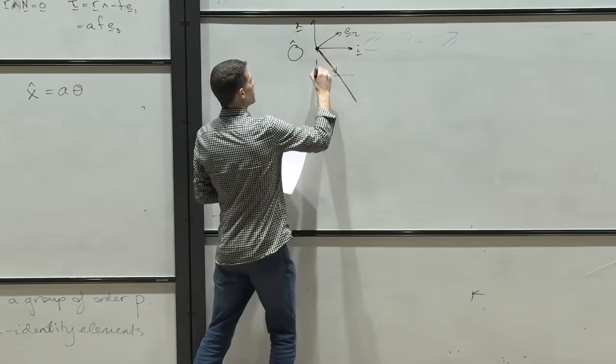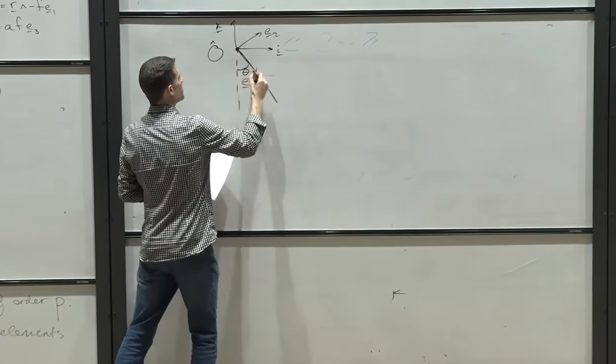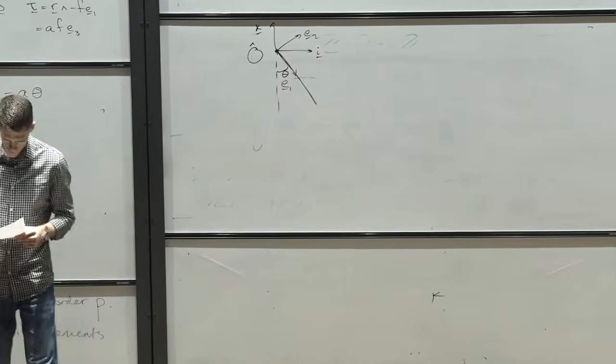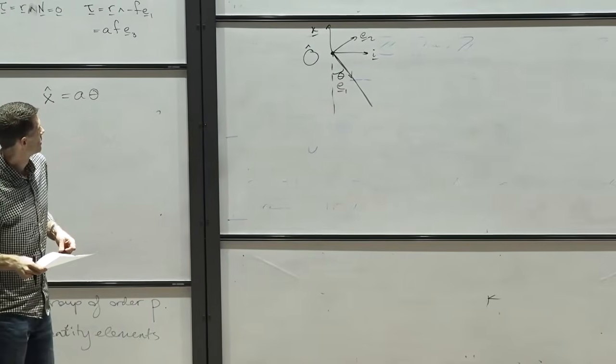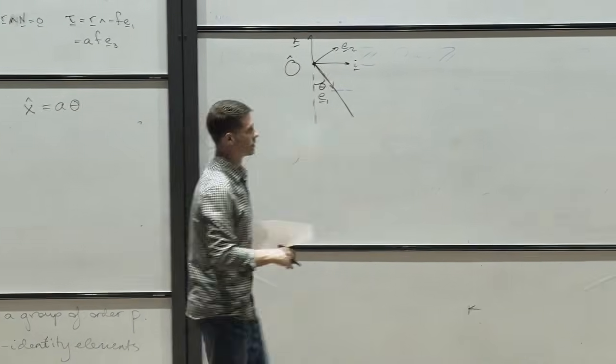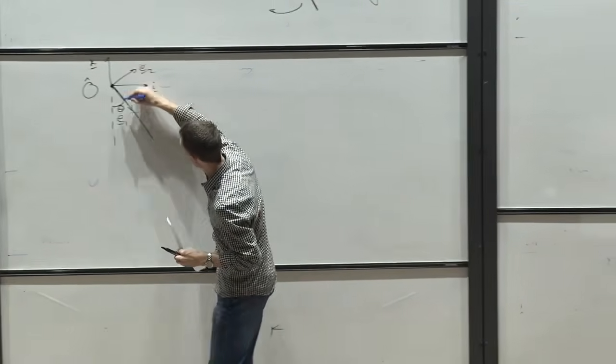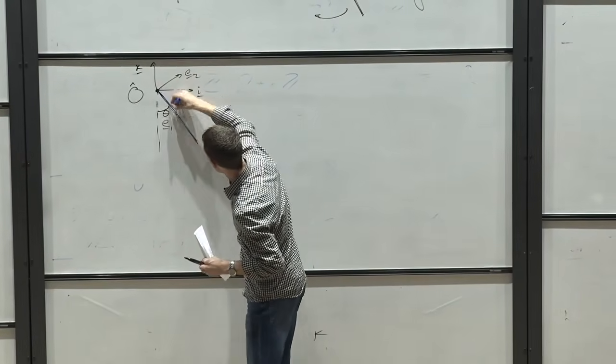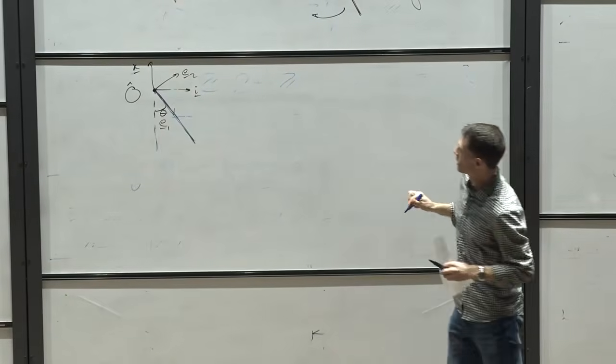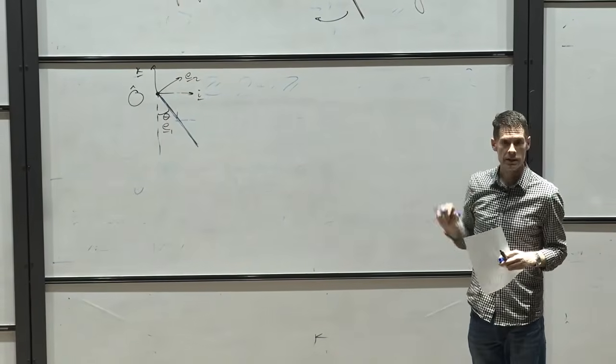And just to maybe take that one more step, if I call that angle theta, what would we say? Here's my pendulum. What would you say about the angular velocity in that setup?